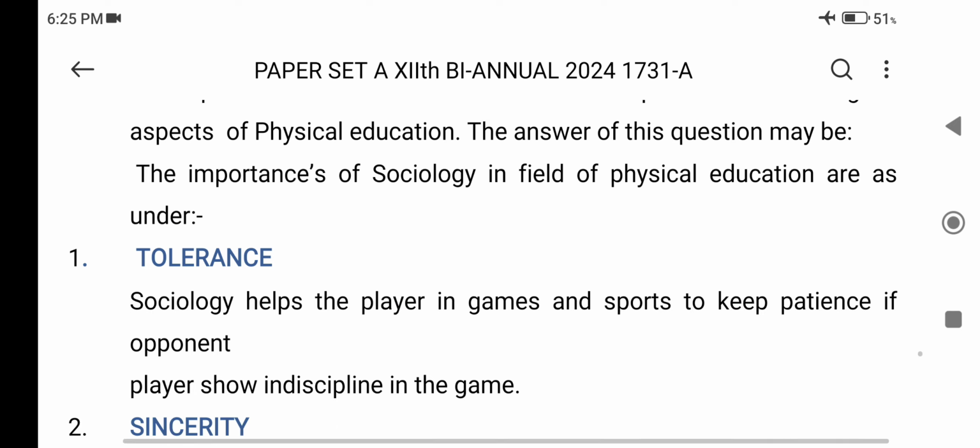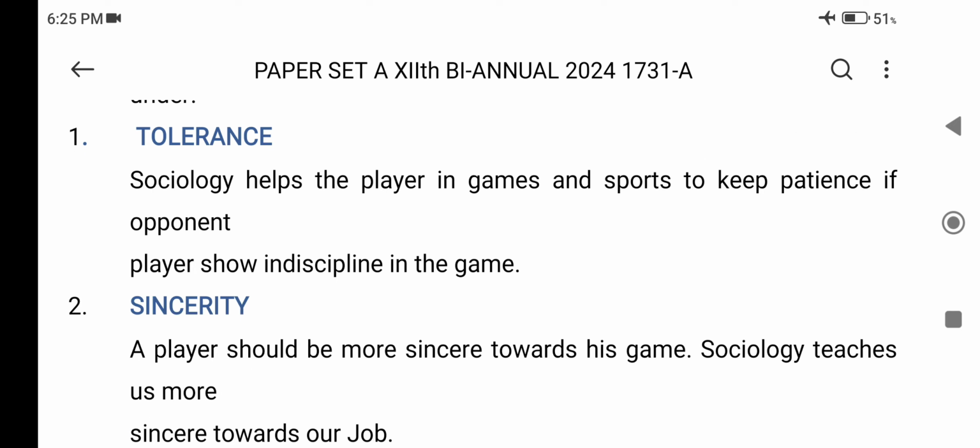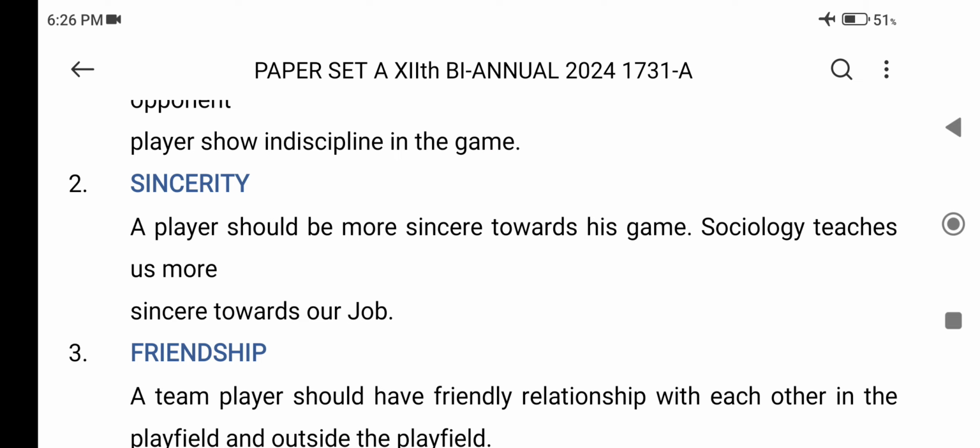Number 1, tolerance. Sociology helps the player in games and sports to keep patience if opponent players show indiscipline in the game. Sincerity. A player should be more sincere towards his game. Sociology teaches us to be more sincere towards our job.